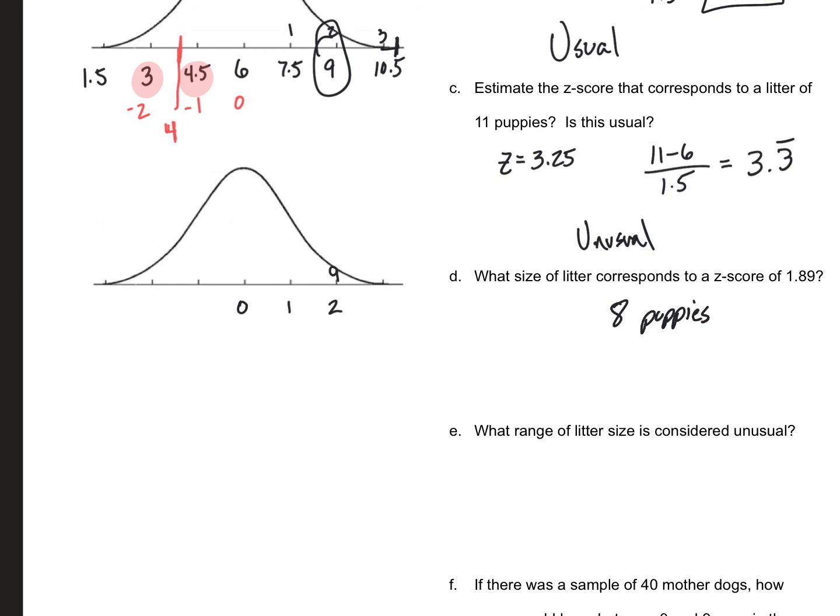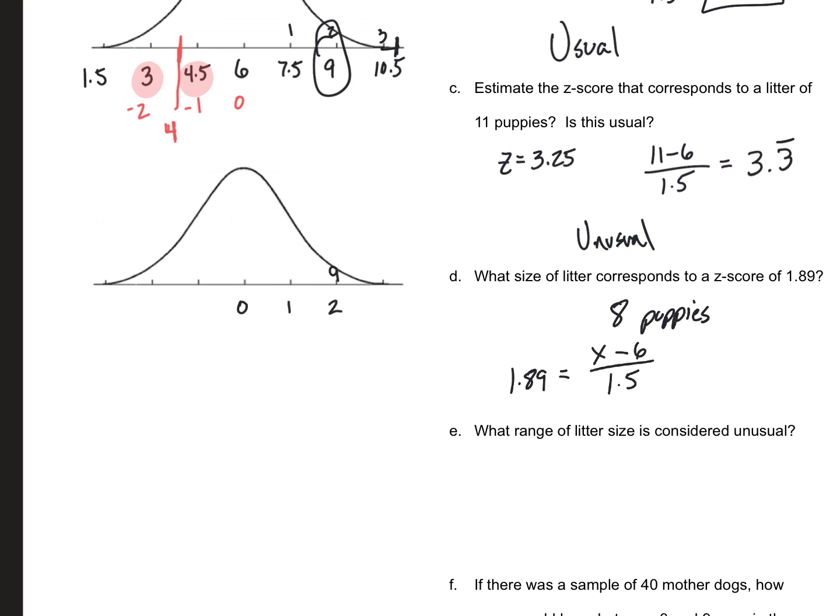And like I said, we may end up with a fraction here. And the way we would calculate this is we would go 1.87 equals the amount we don't know minus the mean divided by 1.5. We would multiply both sides by 1.5. We can do this while we're already here. And again, we're probably going to get a fraction, but our application keeps us from having fractions.